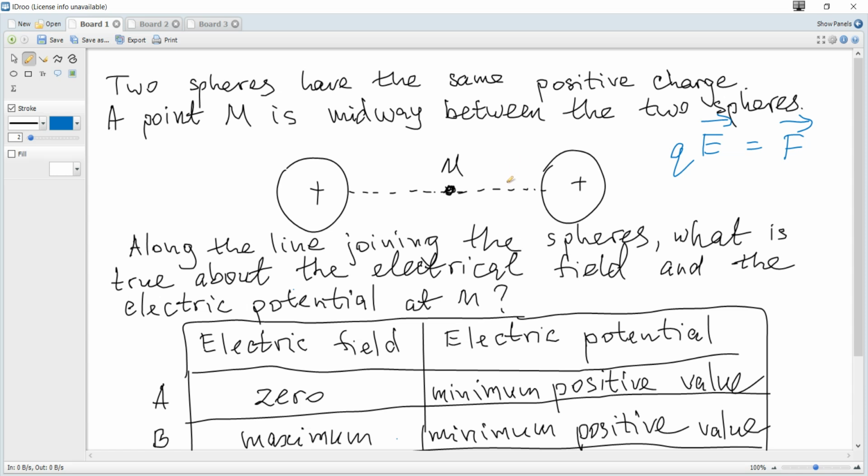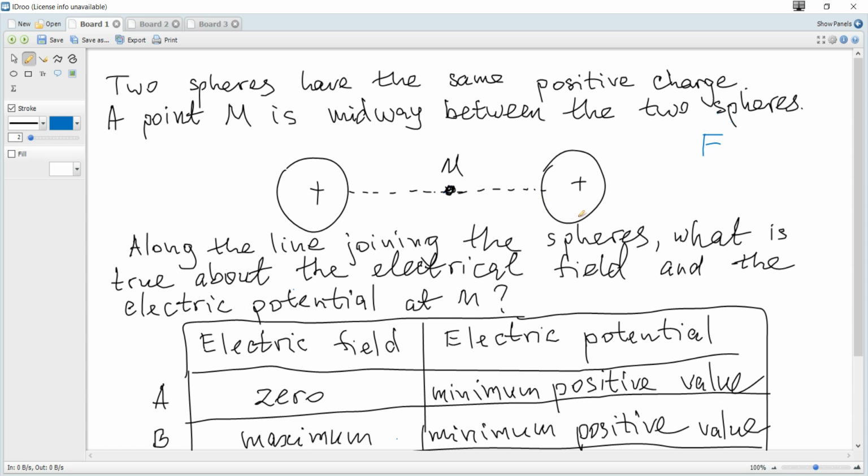But without any calculations, you may deduce that if you put any charge, plus or minus, it doesn't matter, at M, since distances are the same and the charges are also the same in magnitude, there will be the same attraction or repelling due to each sphere, and hence the net force will be zero, and hence the electric field at M also will be zero.